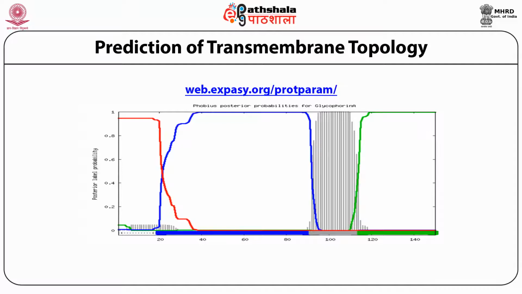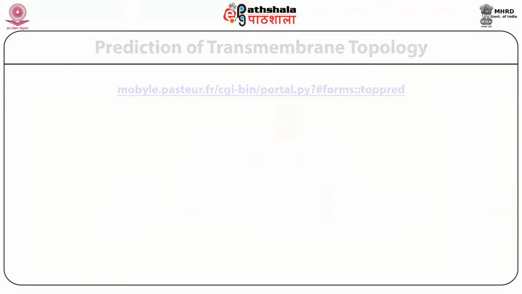Then continuing with a transmembrane domain from 92 to 114 amino acids shown in gray color, and to finally end up inside the red blood cell with the cytoplasmic domain from 115 to 150 amino acids shown in green color.